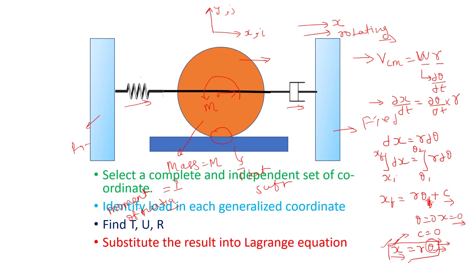The second thing is that we have to identify the load in each generalized coordinate, which means we have to find the load in the theta direction. If we recall how we come up with these things, step 1 is done: we have chosen theta as the generalized coordinate.